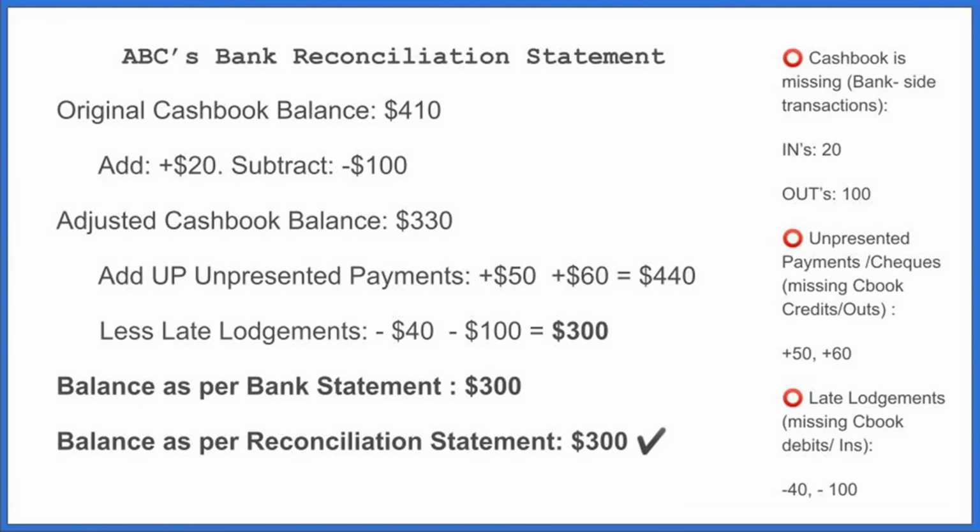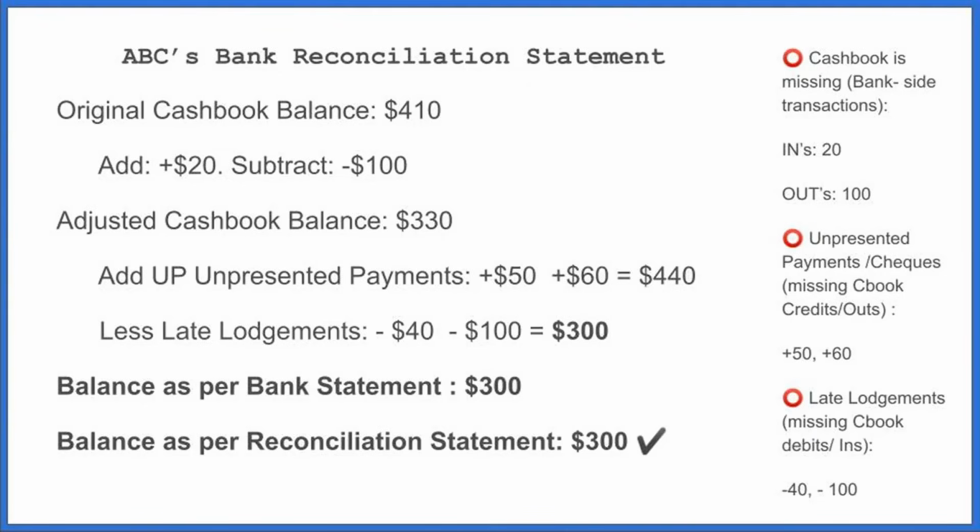We take our updated cash book balance, which is 330 in this case, and we go ahead and add up our unpresented payments, right? So we've got them up here listed, and we're just going to go ahead and say plus 50 plus 60, all right? And 50 plus 60 is 110. So when we add that to 330, what we're going to get is 440, right?